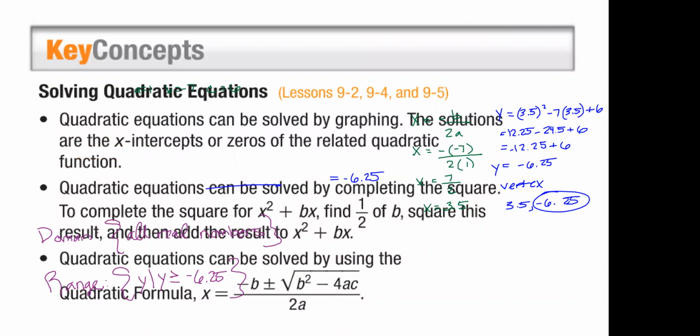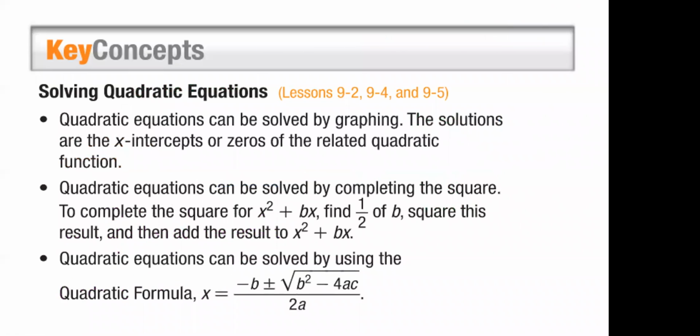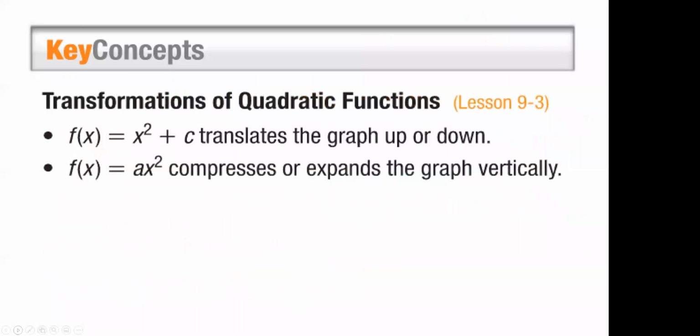All right, so then this next part talks about solving quadratic equations. There's different ways, by graphing, by completing the square, or using the quadratic formula, okay? Also, specifically this lesson 9-3, we're gonna look at a problem like this, talks about how quadratic functions are transformed, right?